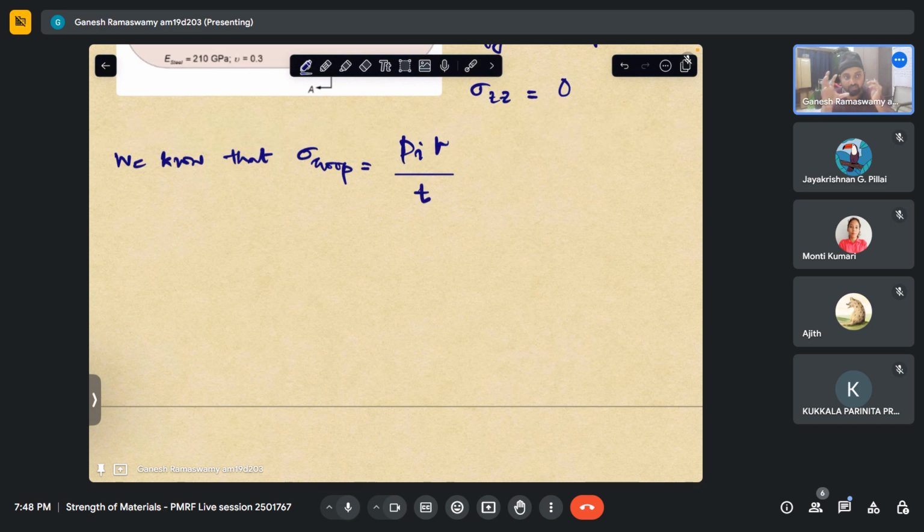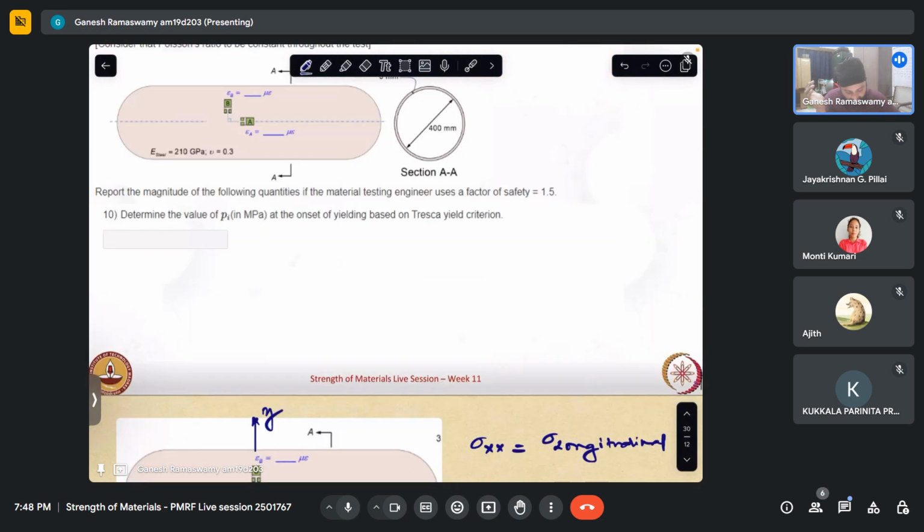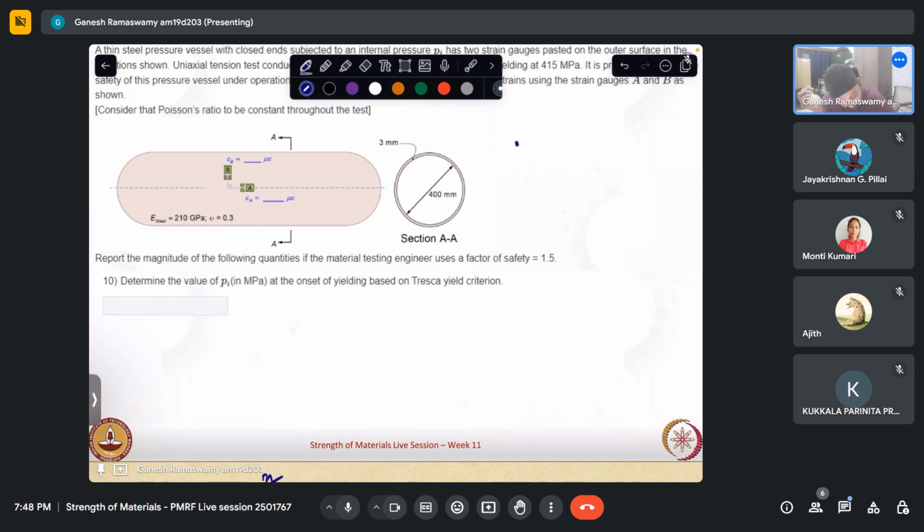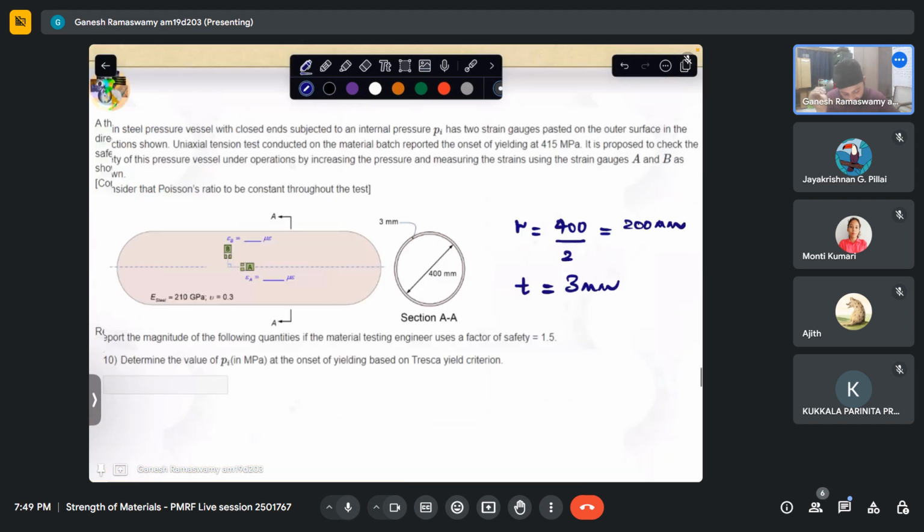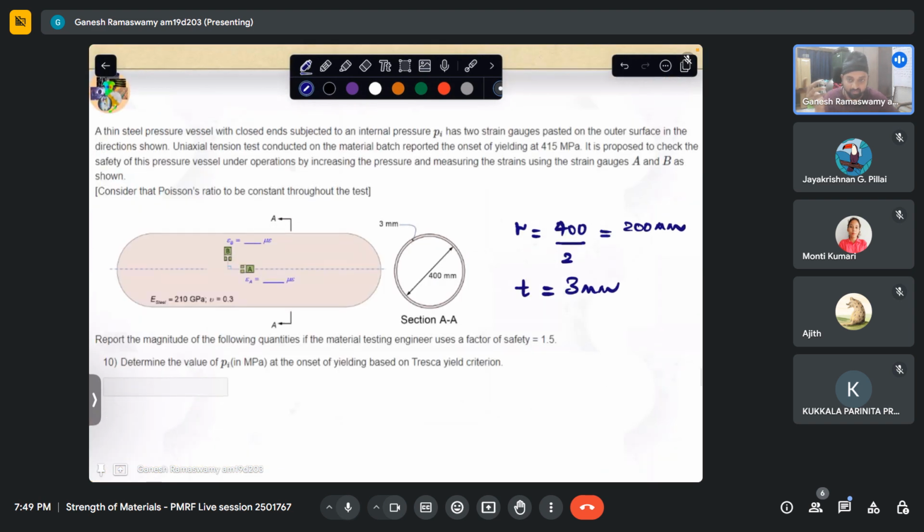So r here is actually 400 by 2, which is 200 mm. Technically, it will be 200 plus 3 by 2, but it doesn't make much of a difference here. And the thickness will be 3 mm. So r and t we know, and this is pressurized with P inside. So sigma hoop is actually P r by t.